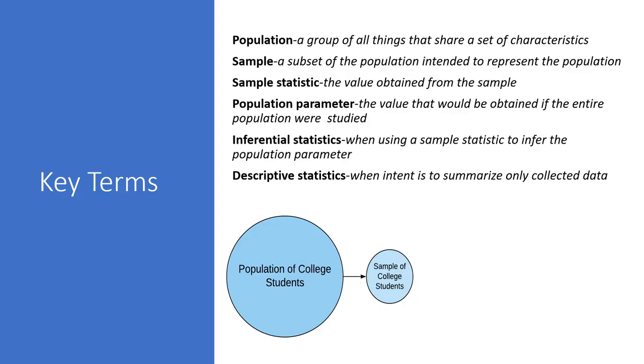So instead, what I have to do is take a sample of that population. Now, the goal of taking a sample is to represent the population from which it was taken. Ideally, the results I get from the sample would be very similar to the results I would get from the population.